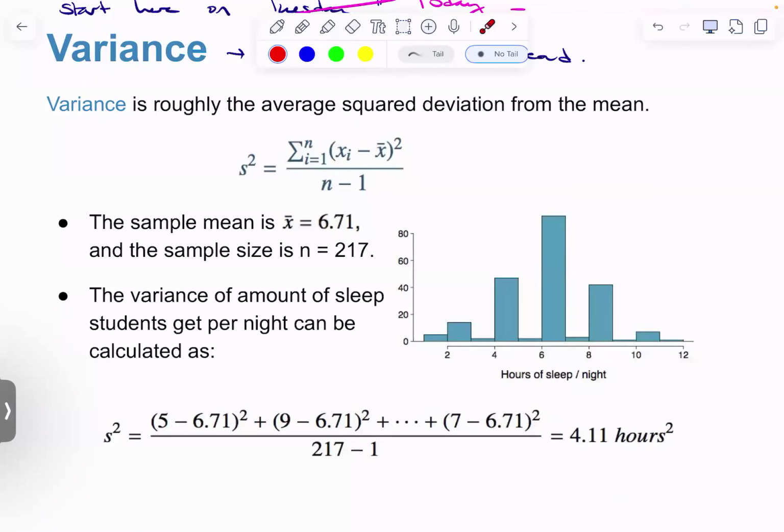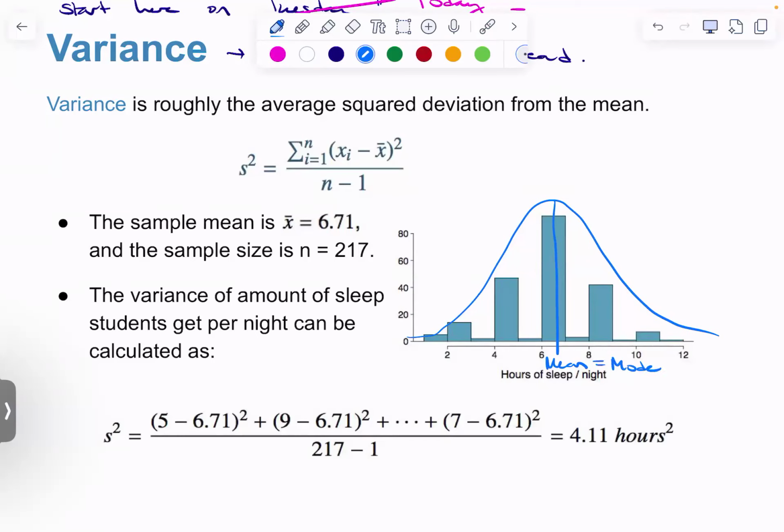And so for normal distributions, like we said, this looks like approximately normal, the mean is a good measure of center, which we know, because that's why we need a normal distribution to use the mean. But it's also because it's roughly at the peak. And so here, the mean is roughly equal to the mode in a normal distribution.